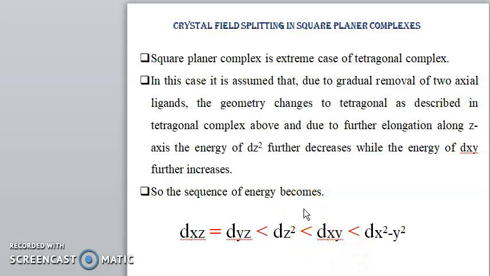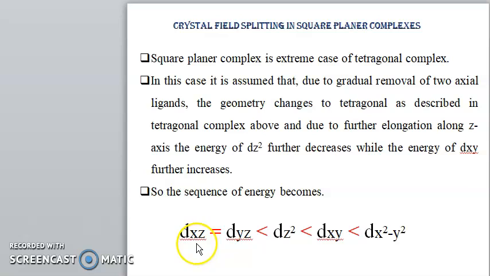You have seen less repulsion around the z axis in the tetragonal complex, so their energies are less. In square planar, it decreases further. So dz² comes under dxy, and dxy further increases.